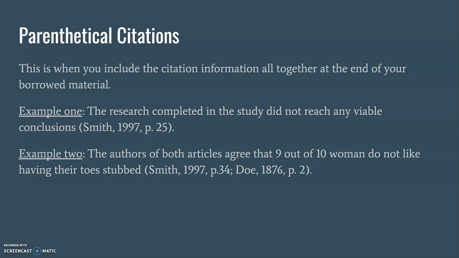So that's what it would look like if you have two separate sources that contributed to one sentence. So you might have gotten information about stubbed toes and women from one spot, and then the 9 out of 10 from another spot, and you put it together to create this sentence.